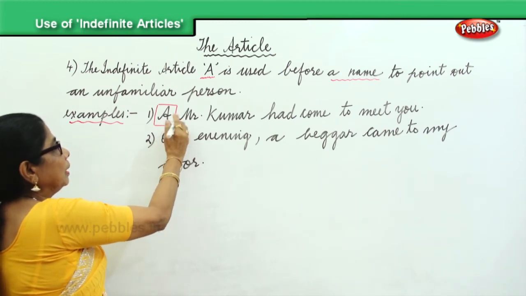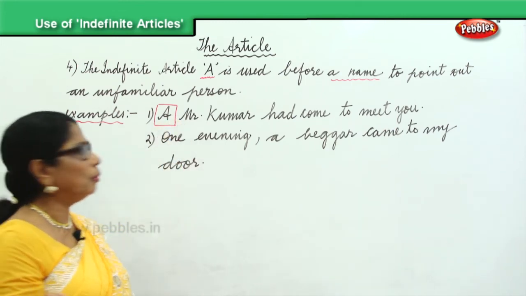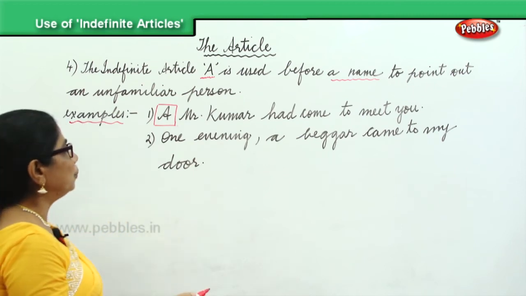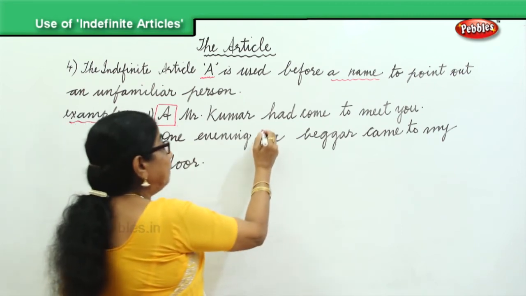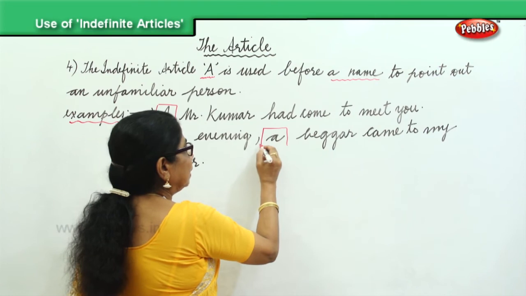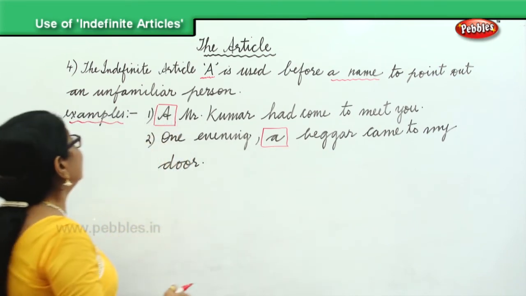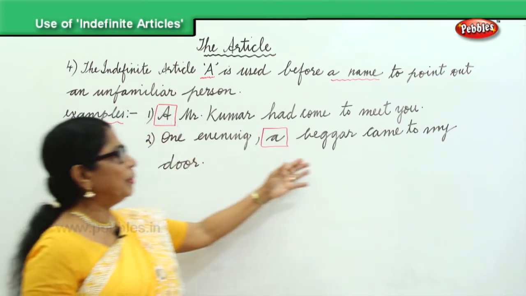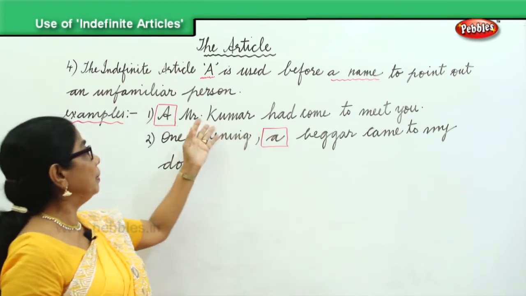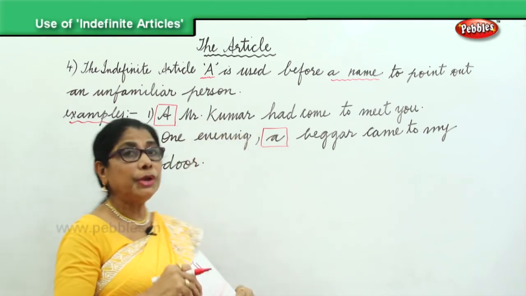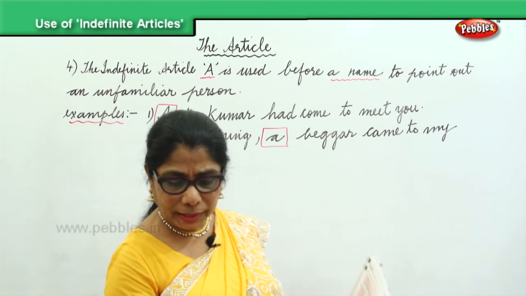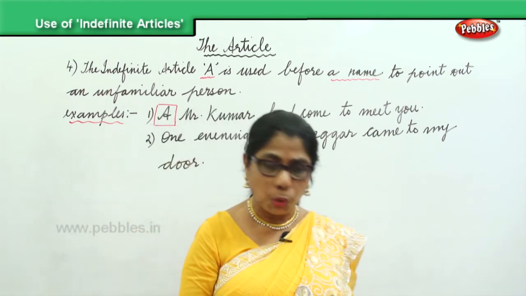We don't know which Mr. Kumar. One Mr. Kumar had come to meet you. One evening, a beggar, it can be any beggar, unfamiliar. You're not familiar with that beggar. You're not familiar with Mr. Kumar. What we're talking about is an unfamiliar person. We don't know that person.